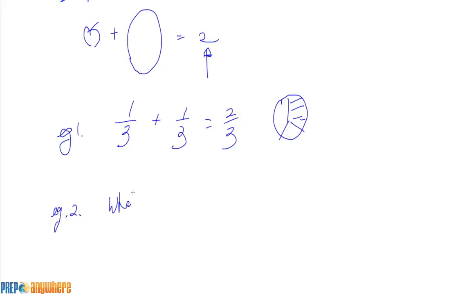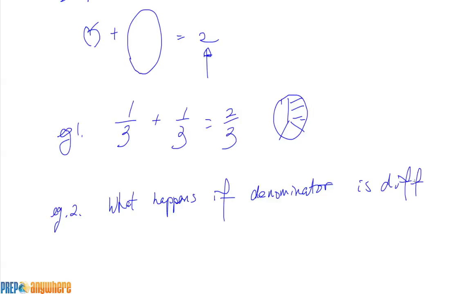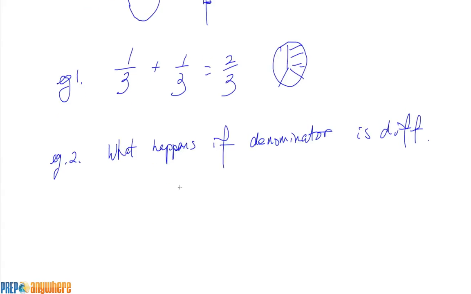What happens if the denominator is different? Let's say we have a half plus a third. Now we cannot say this is 2 over either 2 or 3.